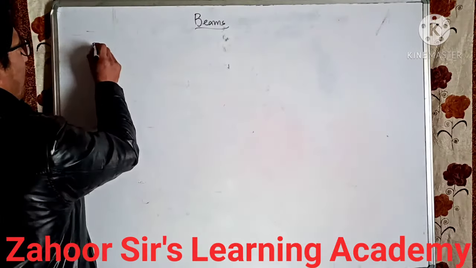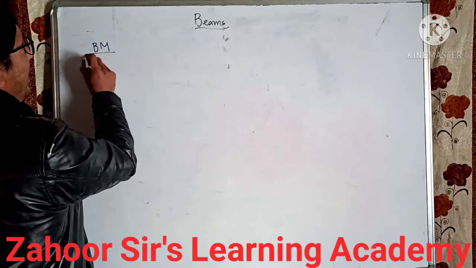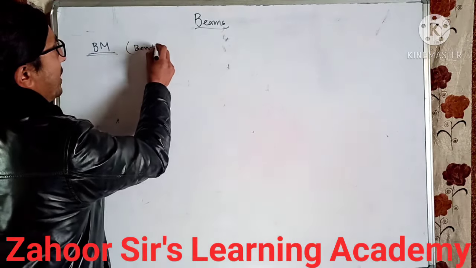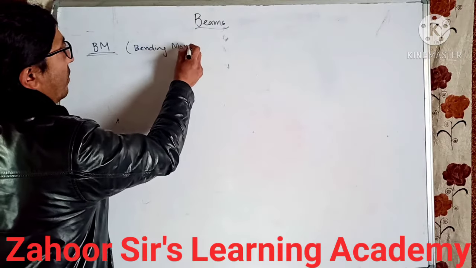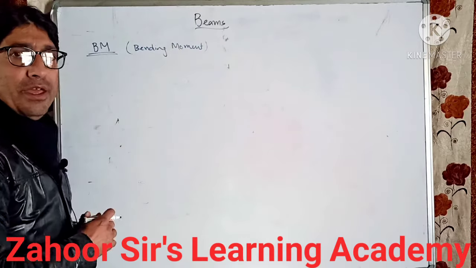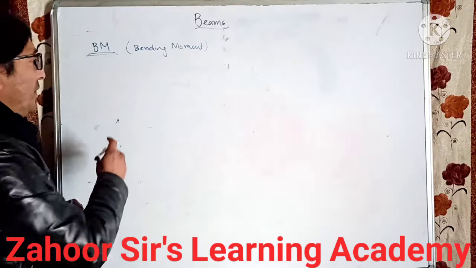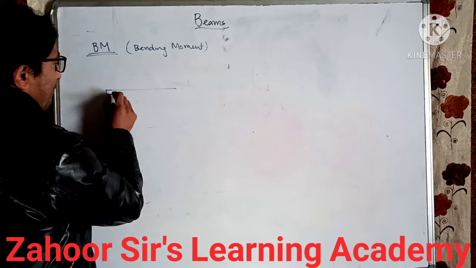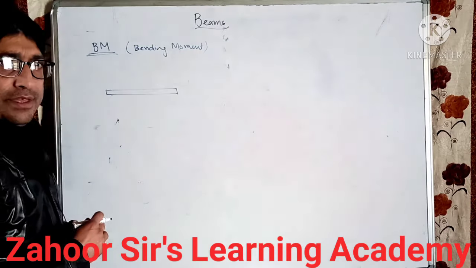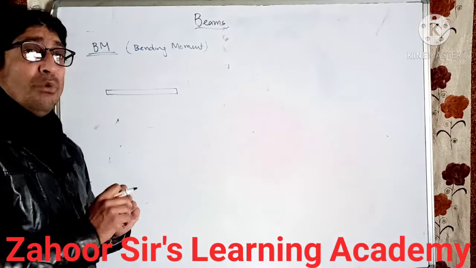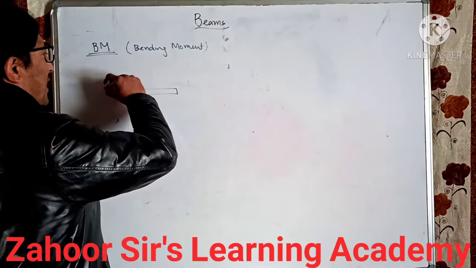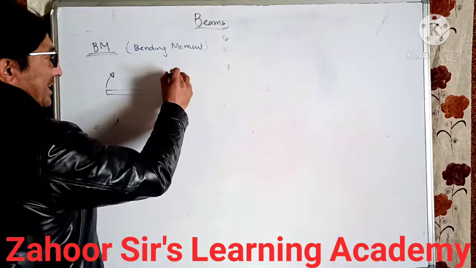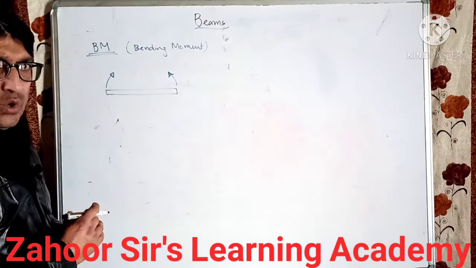That is BM. As I said, BM stands for bending moment. In bending moment, if we take a beam like this, bending moment means if I apply a force in this direction and in this direction, what will happen?